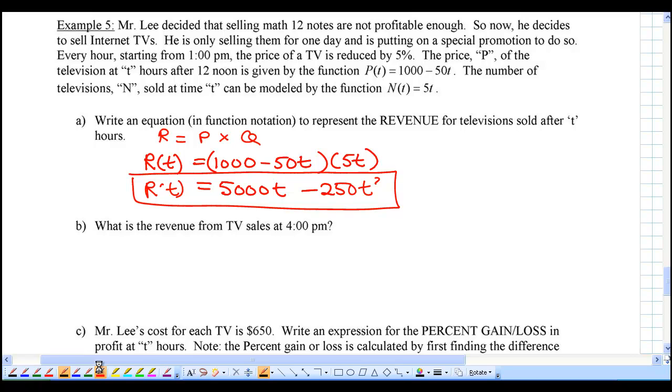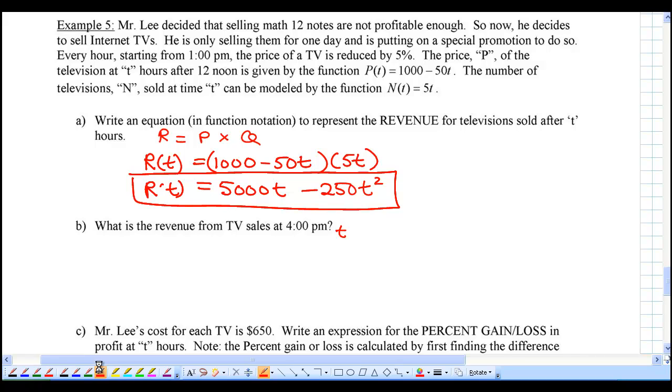Okay, well, now that you have the revenue function, you should be able to tell me the revenue from TV sales at 4 p.m. Well, remember, T is the time after 12 noon. So how many hours have passed since 12 noon if it's 4 p.m.? Yeah, 4 hours.